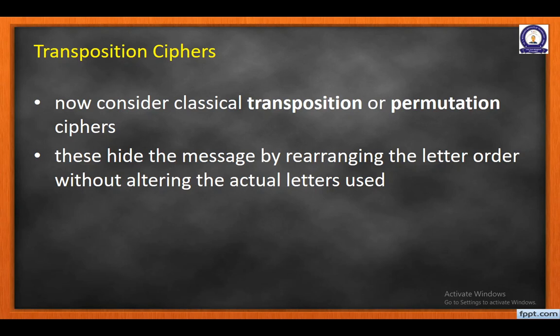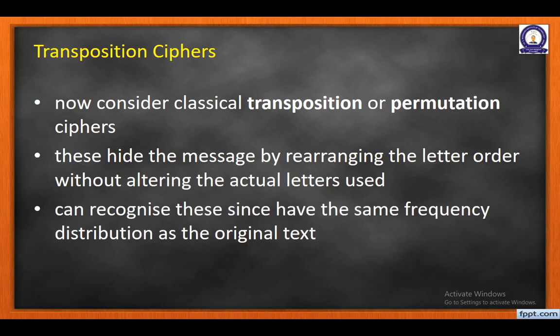You can decide the order freehand, how you are going to jumble up your letters, and your encrypted message is ready. But what happens if I do only a rearrangement of letters? It will keep the original frequency of the text as it is. In the English language, E is the most common letter, and "the" is the most common word. When you rearrange the letters, the frequency of E will not change.